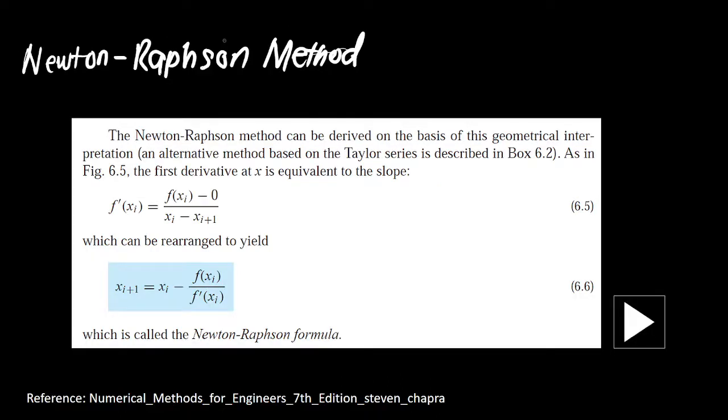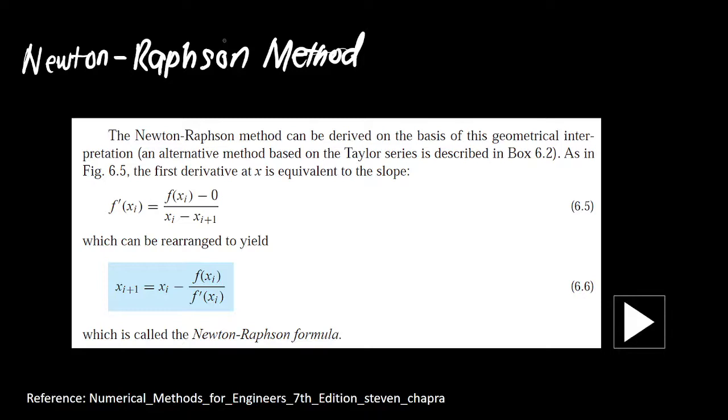So for Newton-Raphson, the idea of the Newton-Raphson is based on the geometrical interpretation, the alternative method based on the Taylor series. If you try to recall, the derivation of the function was based on the solutions on the tangent problem or the velocity problem.